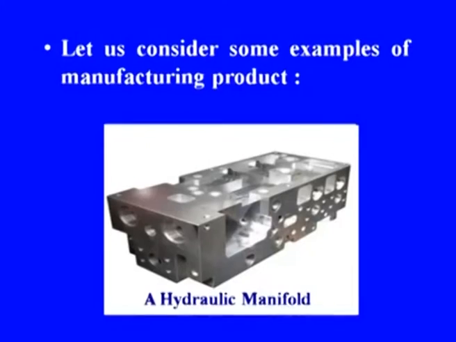Let us consider some examples of manufacturing product. A hydraulic manifold is a classic example of manufacturing product. It is a machined component generally made of mild steel, on which valves, fittings and hoses are seated.